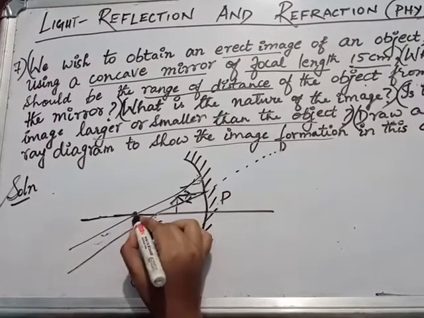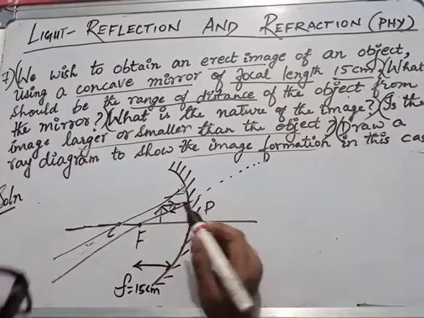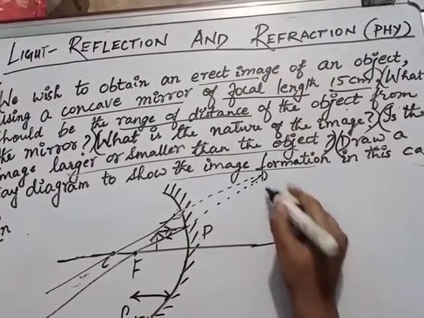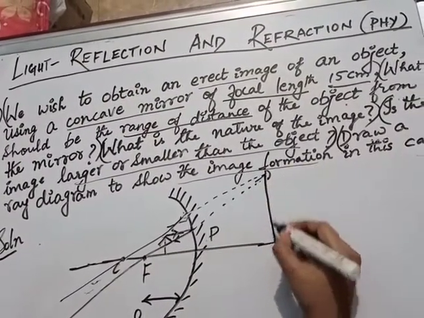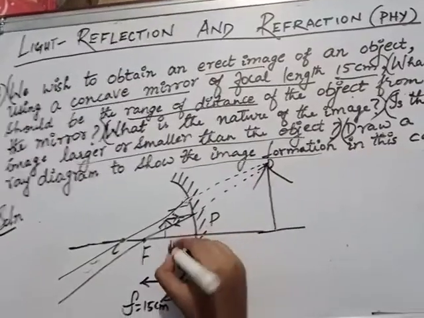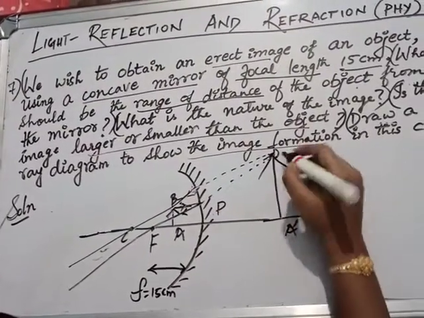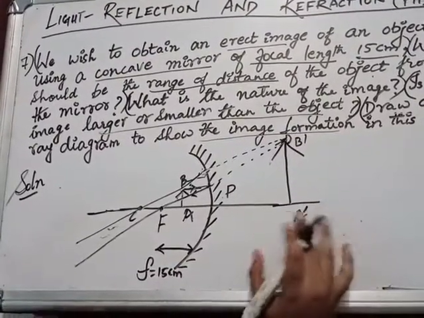Let this be the center of curvature, and this is the principal focus. The two dotted lines meet here, so this is our image. A, B, A dash, B dash. So here is our ray diagram.